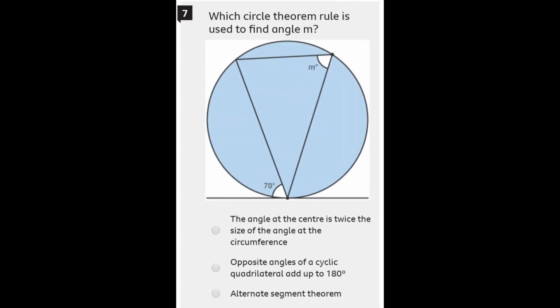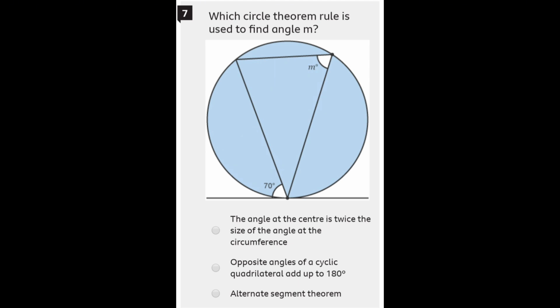The next question is, which circle theorem rule is used to find this angle M in the diagram? Remember, rule number 8 says that the angle between the tangent and one side of the triangle is equal to the opposite interior angle.